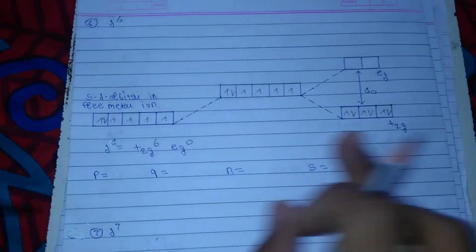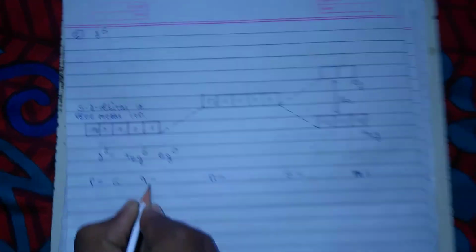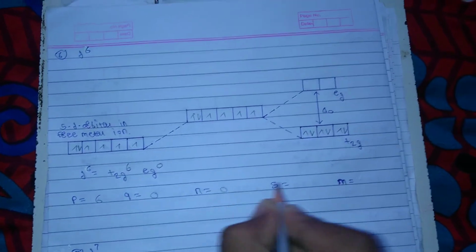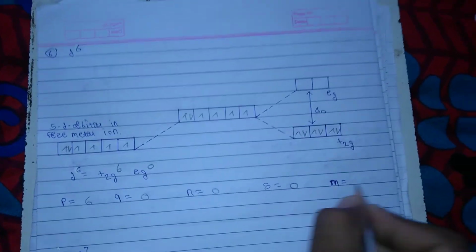P is equal to the number of electrons present in t2g, which is 6. Q is equal to 0. Number of unpaired electrons is 0. S is equal to N by 2, which is 0, and M is equal to 3.